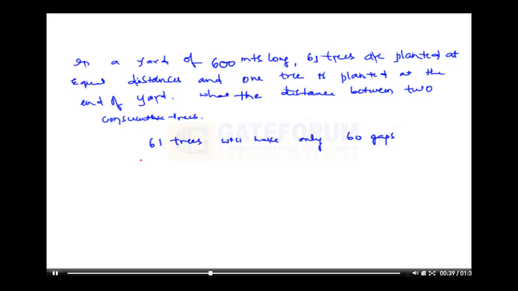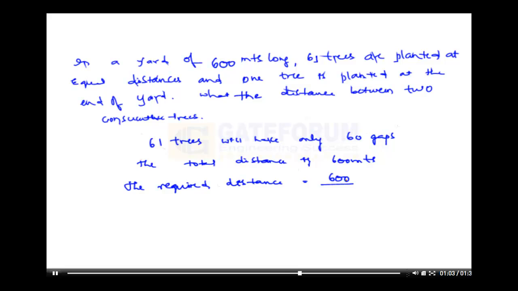Now the total distance is 600 meters. The required distance is going to be total 600 meters divided by the number of gaps, which is 60, nothing but 10 meters.